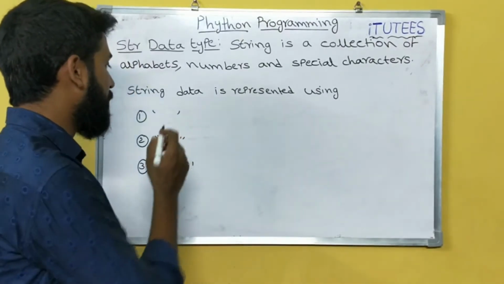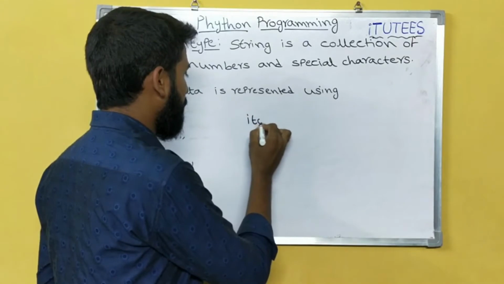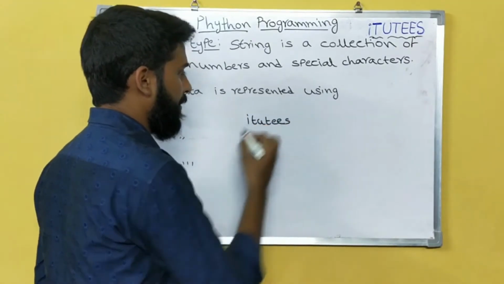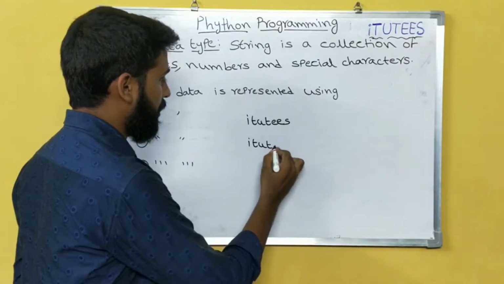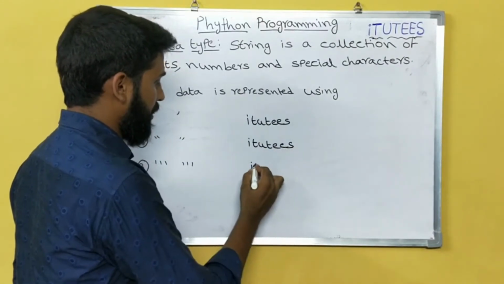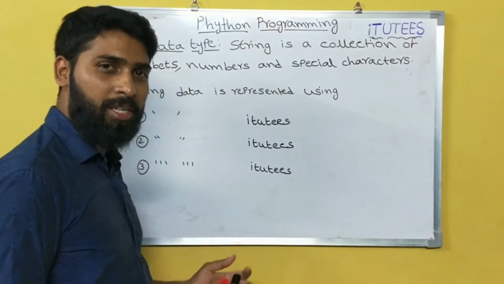One is by using single quotation. That means, for example, I am giving ITUTEES. Same in double quotation, same in triple quotation. All these are string data type.